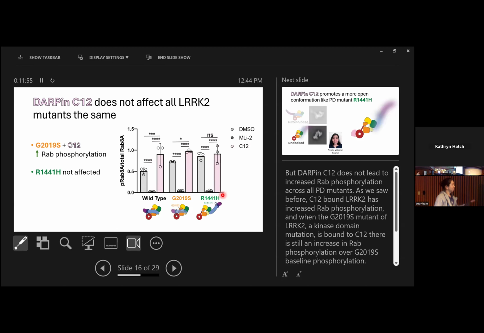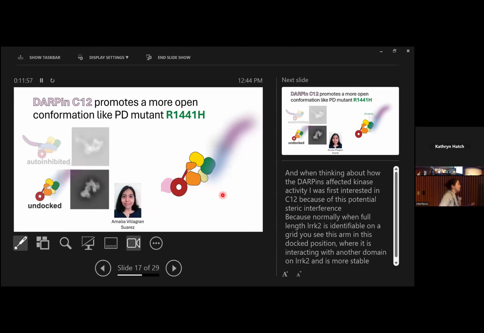And so, of course, next question is why? But if you remember, I mentioned that DARPin C12, when we look at it under cryo-EM, we mostly see the RCKW version of LRRK2, which implies that the arm is undocked and more flexible, and it averages out of cryo-EM.